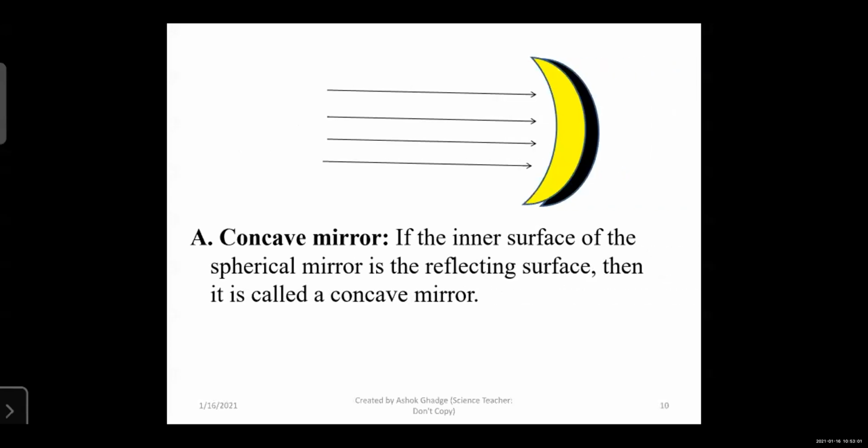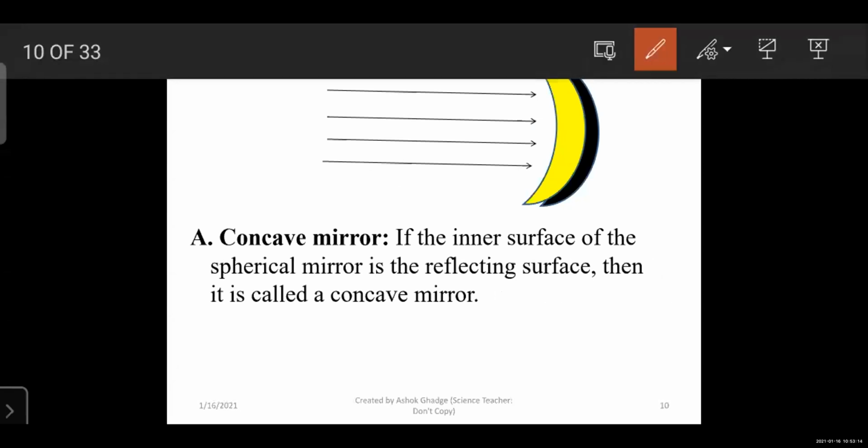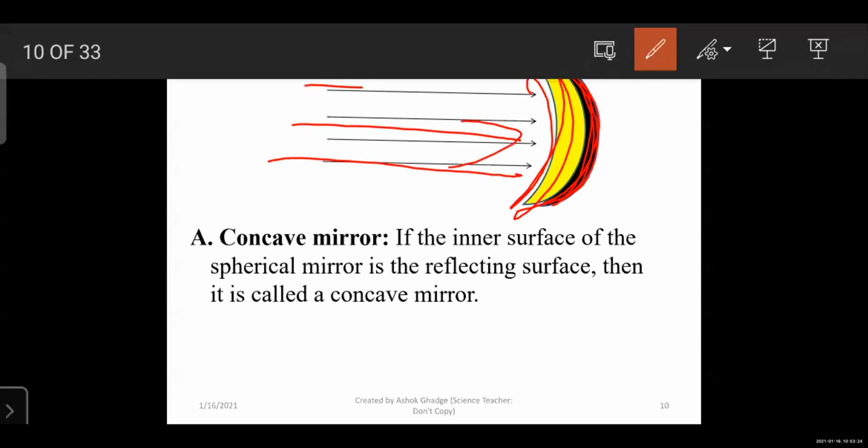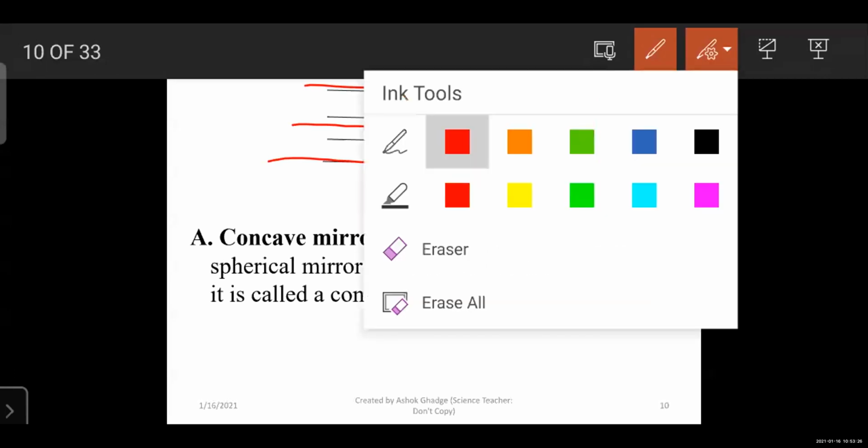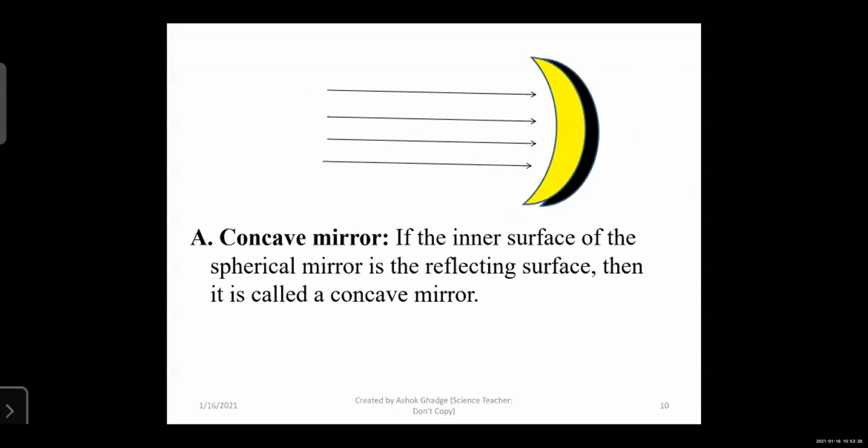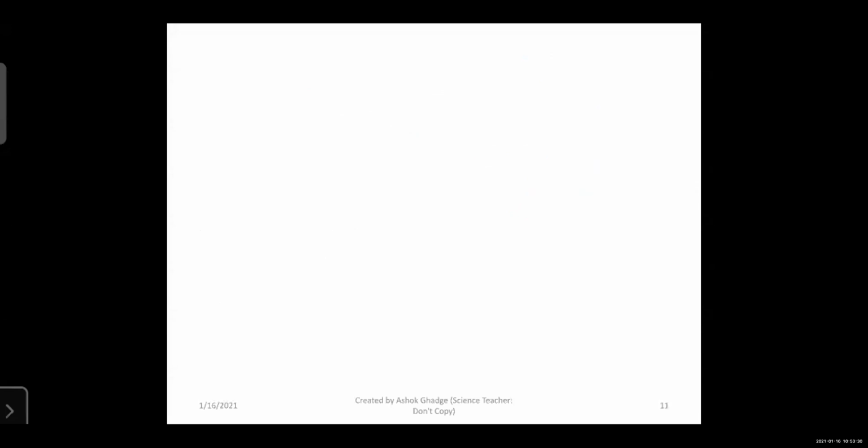If the inner surface of the spherical mirror is the reflecting surface, then it is called a concave mirror. So we have taken a glass which is coated from the outer side, so the reflecting part will be the inner side. Therefore, it is called a concave mirror.